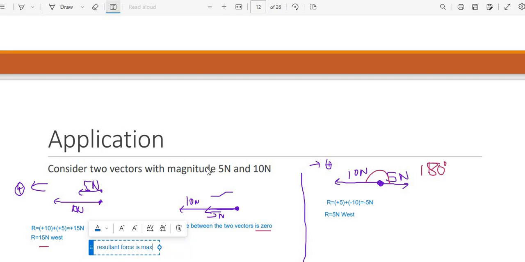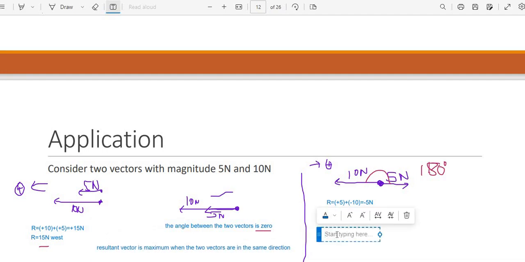when, let me just generalize it for all the vectors. So the resultant vector is maximum when the two vectors are in the same direction. It does not matter which two vectors you are taking, as long as they're in the same direction, the resultant will be maximum.